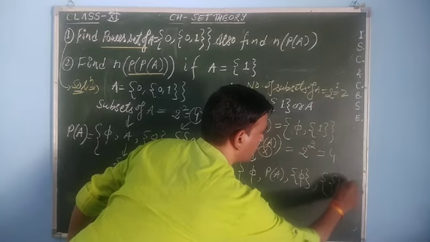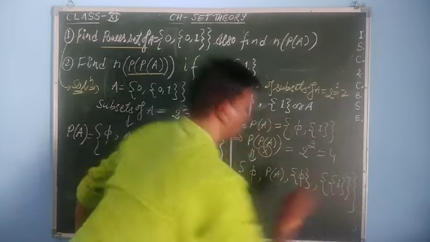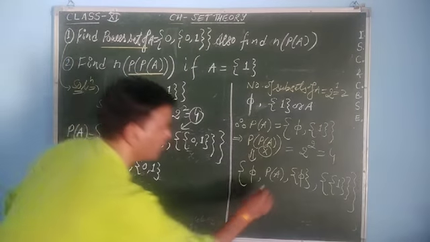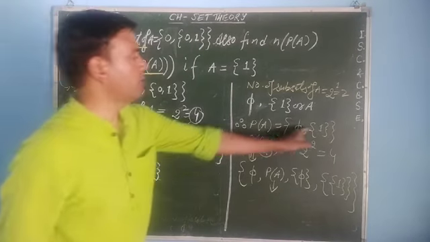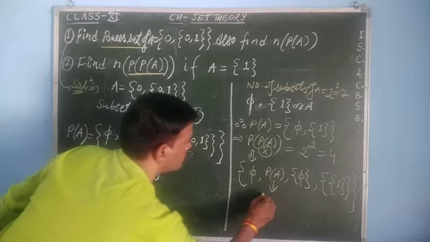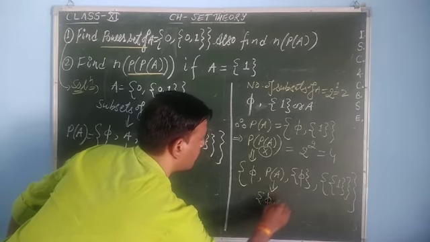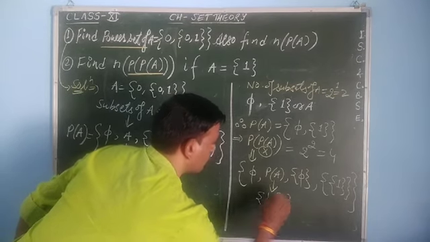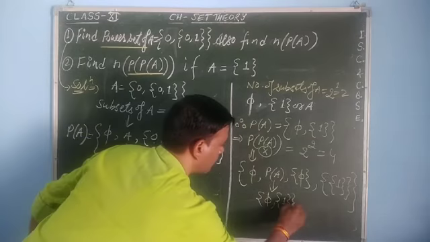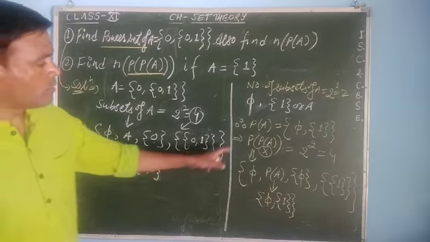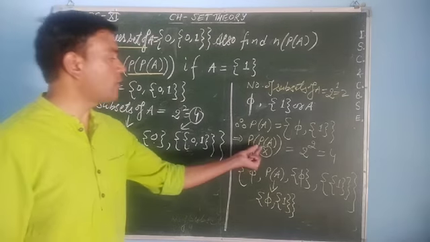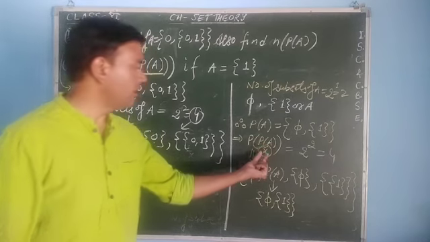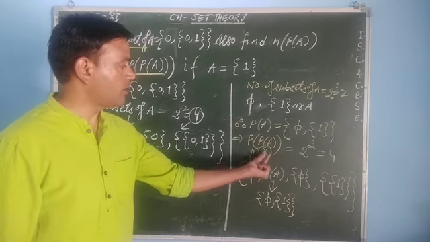Students, in place of P(A) you can put again this whole set. So P(P(A)) means the power set of P(A); in place of this you can put X.